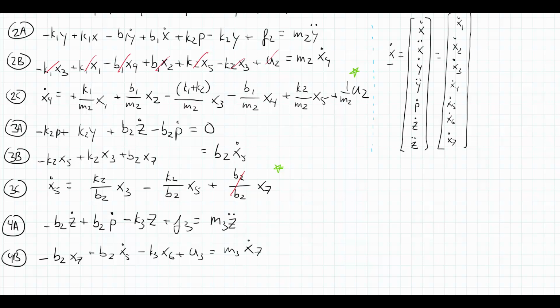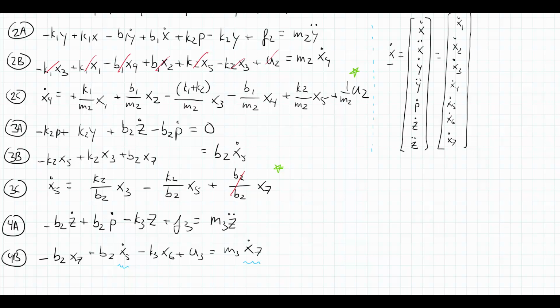Looking at 4b, I have a slight problem in that I have 2 derivative terms. I did not see that in 1b, 2b, 3b, or the previous examples here. But I need to be able to express this as just a single expression with one derivative term.